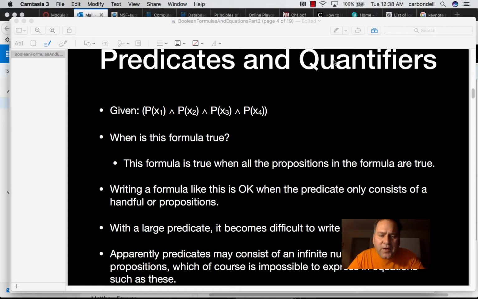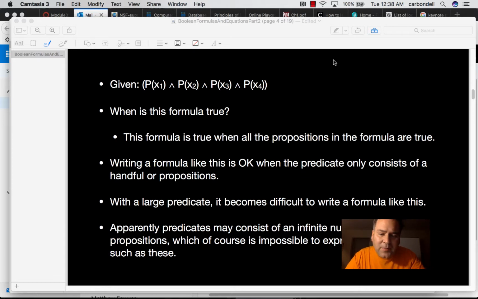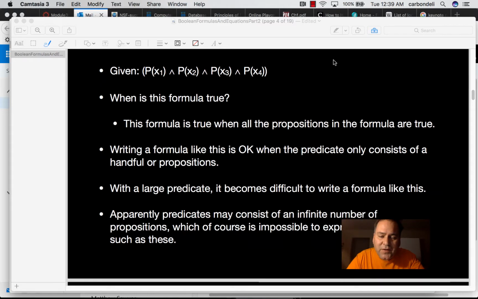Since we're talking about a logical AND, the overall formula is only true when each proposition is also true. Writing a formula like this is okay when the predicate only consists of a handful of propositions. With a large predicate, it becomes difficult to write a formula like this. Predicates may even consist of an infinite number of propositions, which of course is impossible to express in equations such as these.